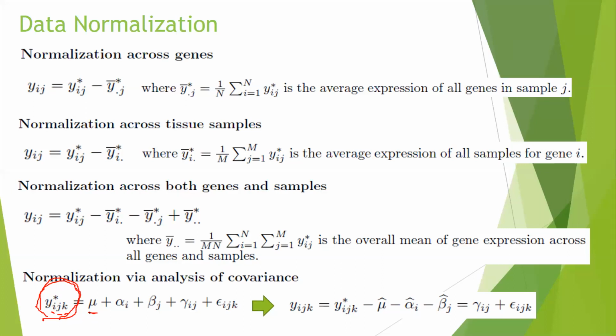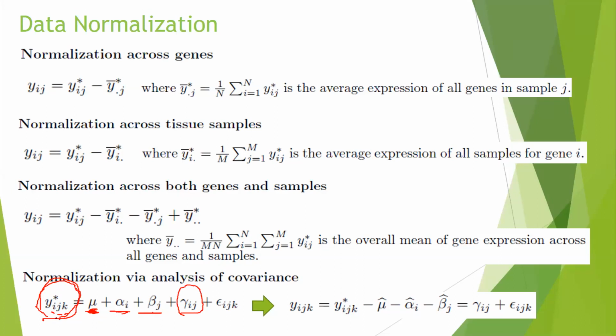So this is the intercept, the overall mean, so we are not interested in that. This is probably the batch effect, the array effect, or something like that. And this is the genetic information, the real difference we want to estimate and detect.